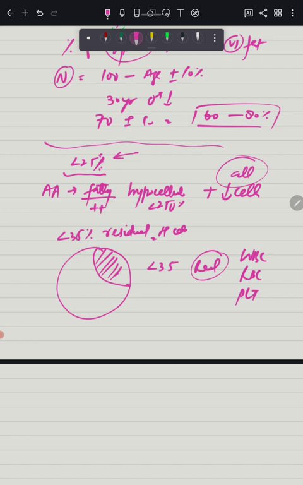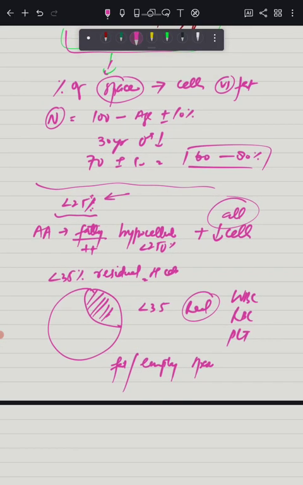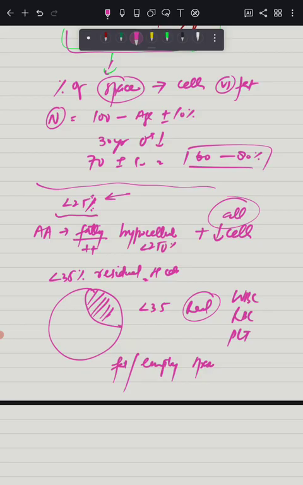The rest is fat or empty space. This confirms marrow failure, not just decreased production of one lineage.